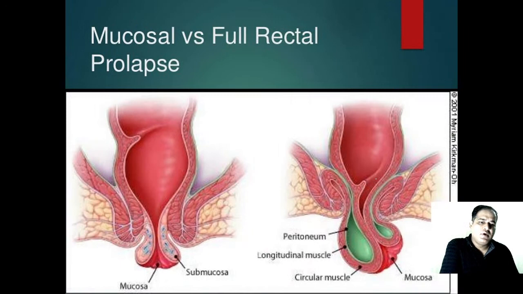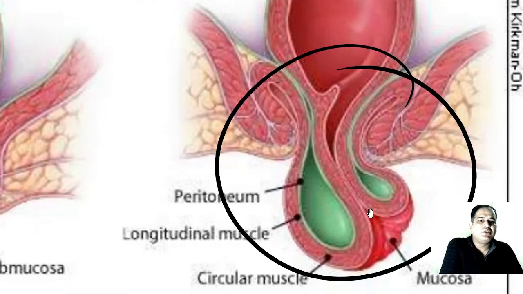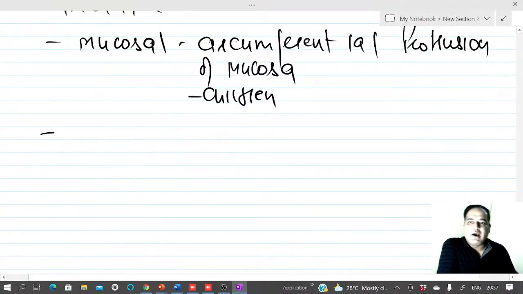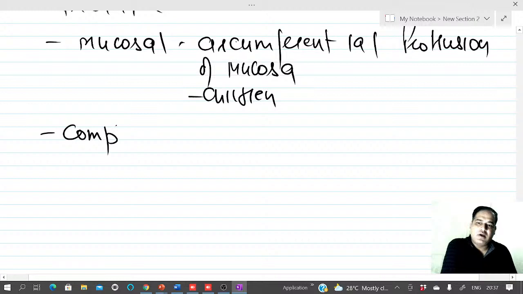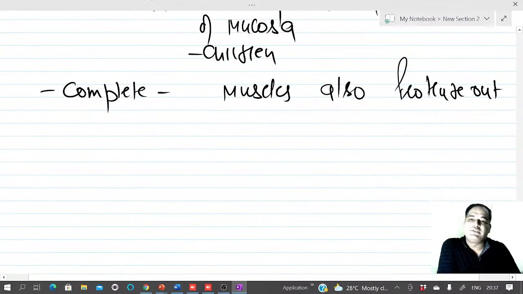See here, on the right side, in the complete prolapse, the muscles also protrude out.